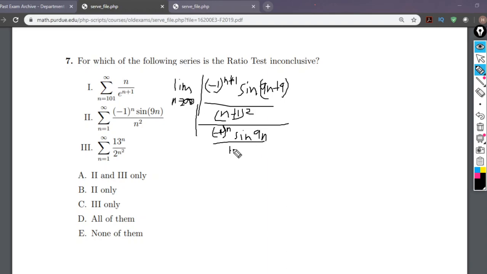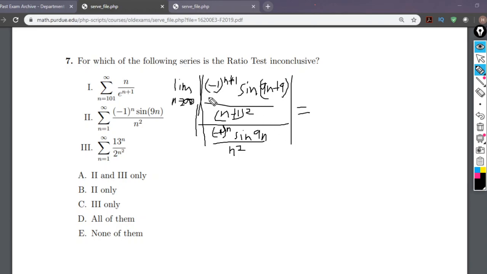So just the original series here. Right. And then doing the same thing, we try to rearrange this. So see this big division fraction line as a division. So flip this function and multiply and rearrange all the terms.